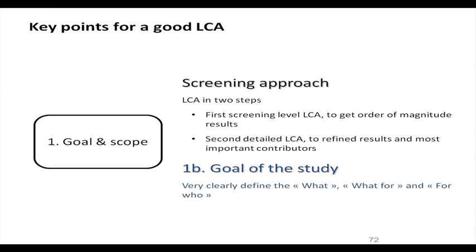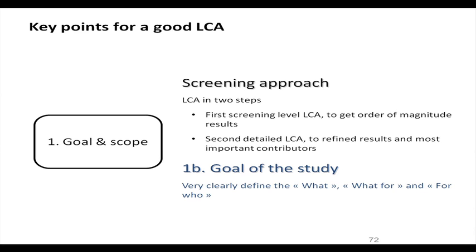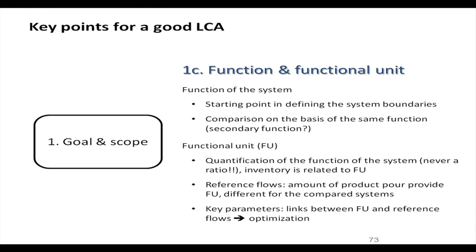Then you go for the goals of the study. We already talked about that. The goal is very clearly defined: what for and for whom. Then we found the function and functional unit. Your starting point for defining the system boundary is the function, and the comparison is on the basis of the same function. Secondary function, we have so far not got into that.